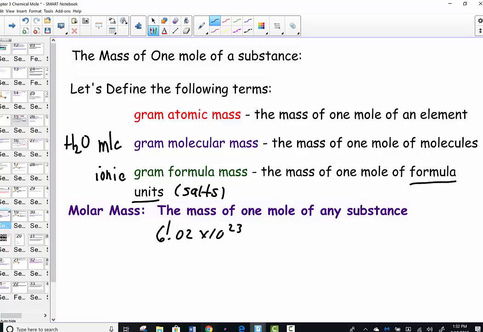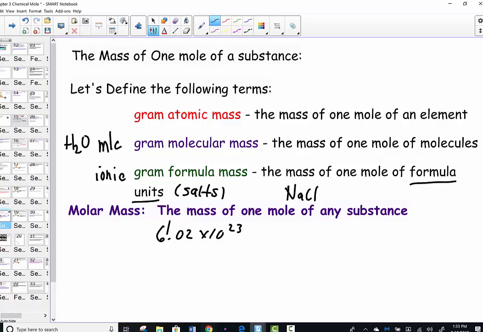If you go to the scale and weigh out salt, let's call it sodium chloride as one example, how much would you weigh out to get a whole mole of sodium chloride formula units? Again, the secret's on the periodic table. Sodium, with its mass of 22.989, call it 23.